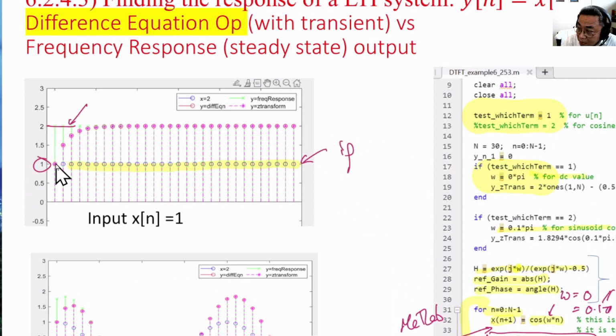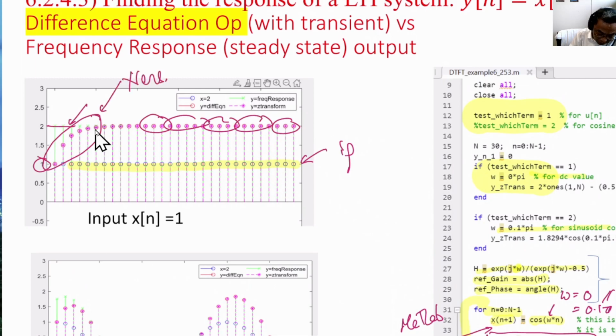What about these circles going up, and then after that becoming the same as the steady state response? This part is the transient condition. The transient occurs because your difference equation has some memory, and initially the memory is 0, so it builds up.